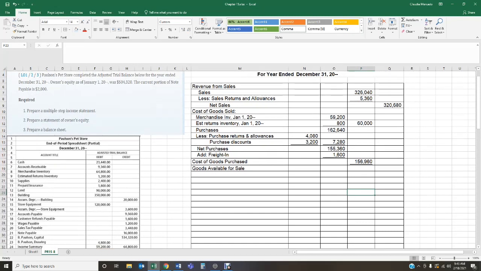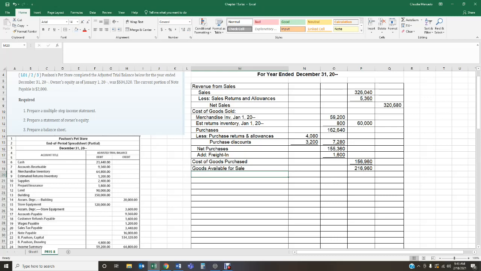We calculated our beginning merchandise inventory and our estimated returns of 60,000 plus our cost of goods purchased of 156,960. And let's see what that gives us. That plus that will give me 216,960. So that is the goods available for sale right now.